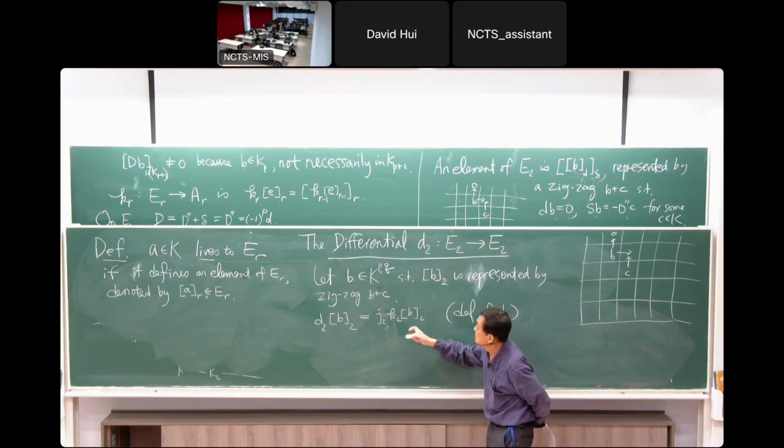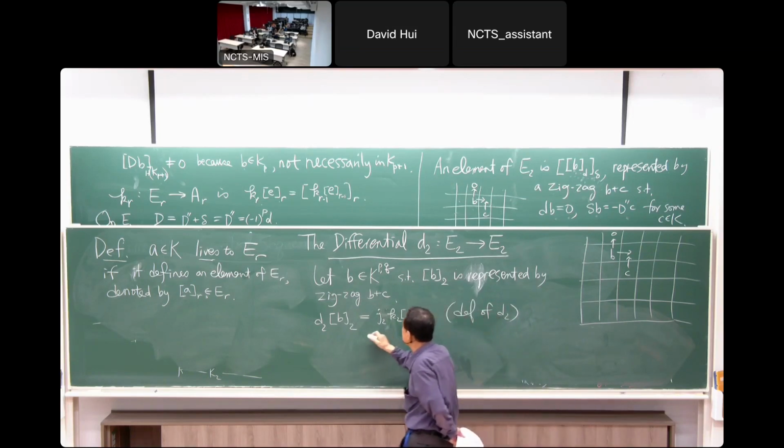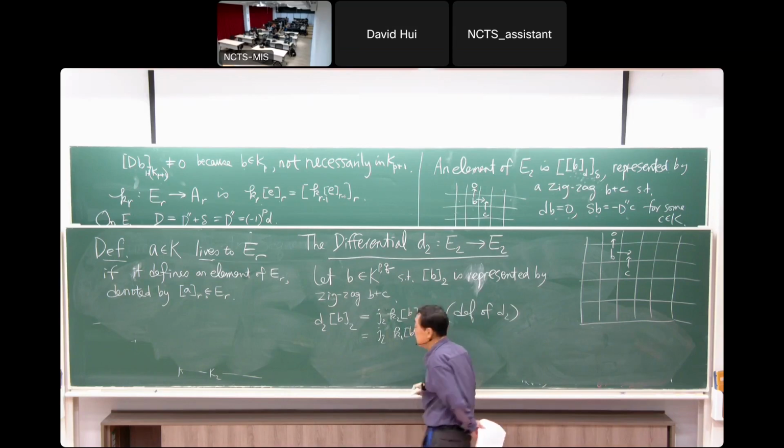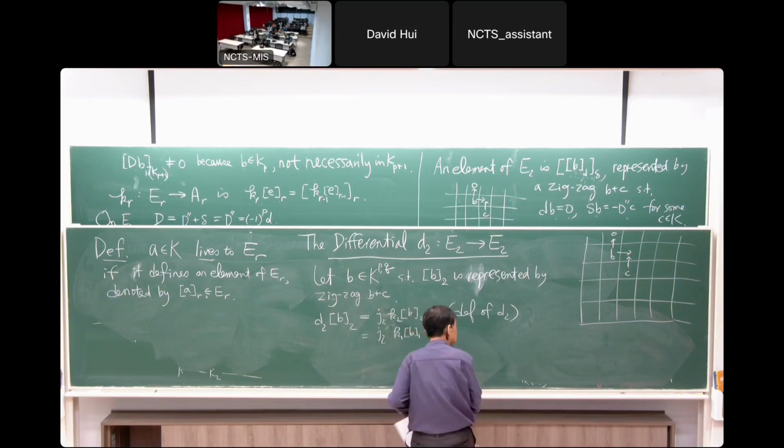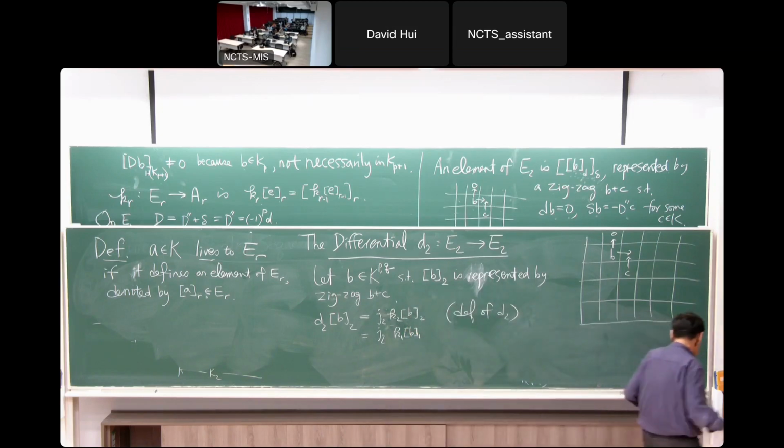But the definition of K2 is that it's K of the previous one, so it's K1 of B in E1, and then you take its class in E2.